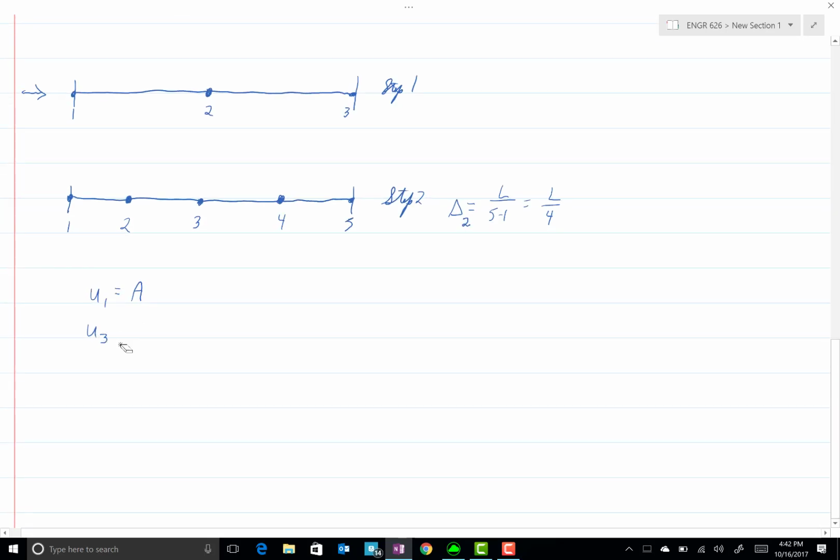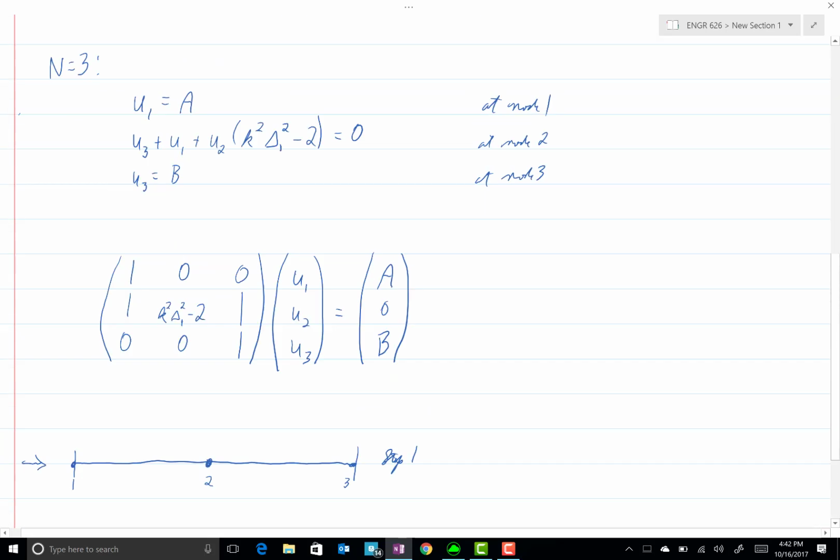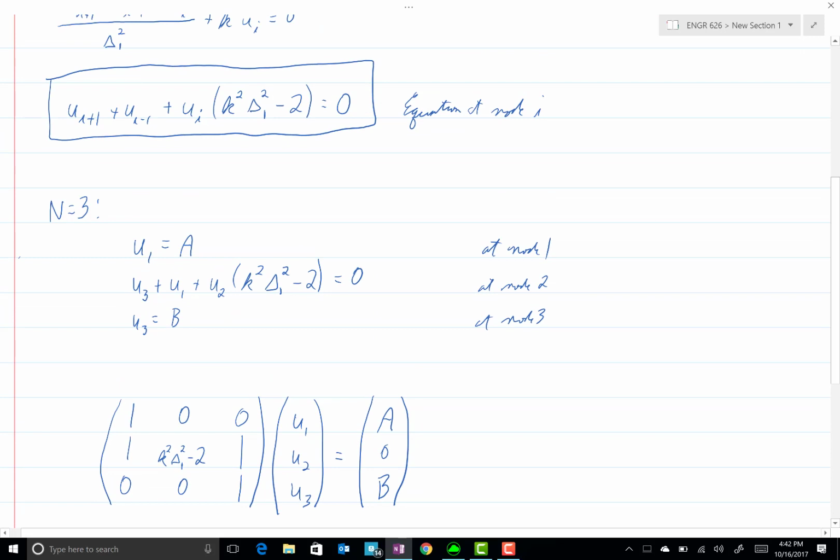Well, let's maybe do it this way. We're still going to use this formula right here, but when we go to step 2, instead of using delta 1 squared, we'll use delta 2 squared.